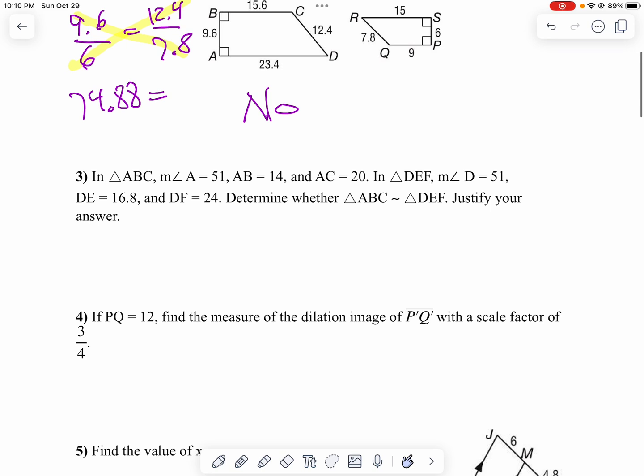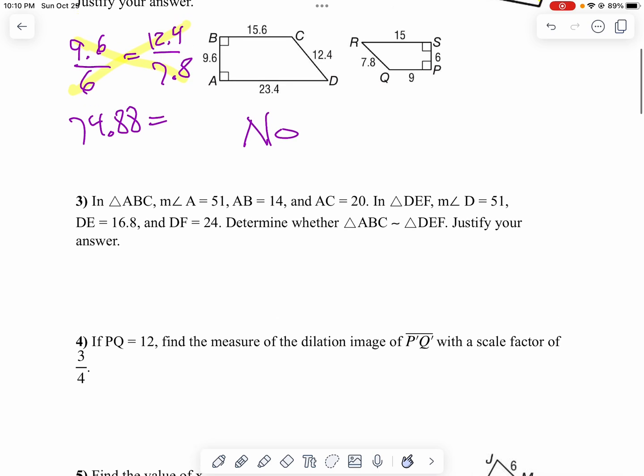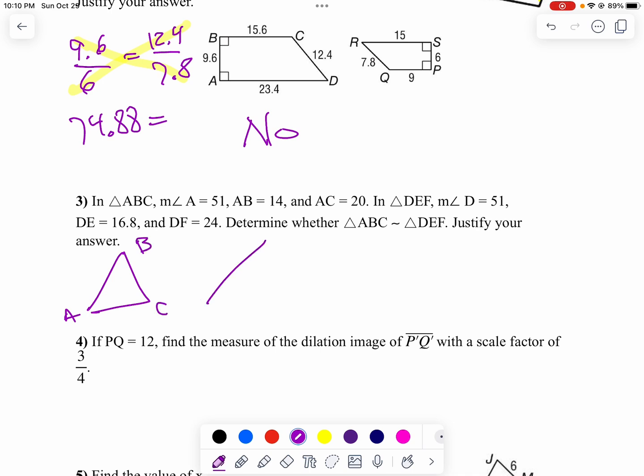And now let's take a look at number 3. I think at number 3, we'll draw these out first off. So we got triangle ABC, and triangle DEF. In fact, I think I'll even switch colors on that.